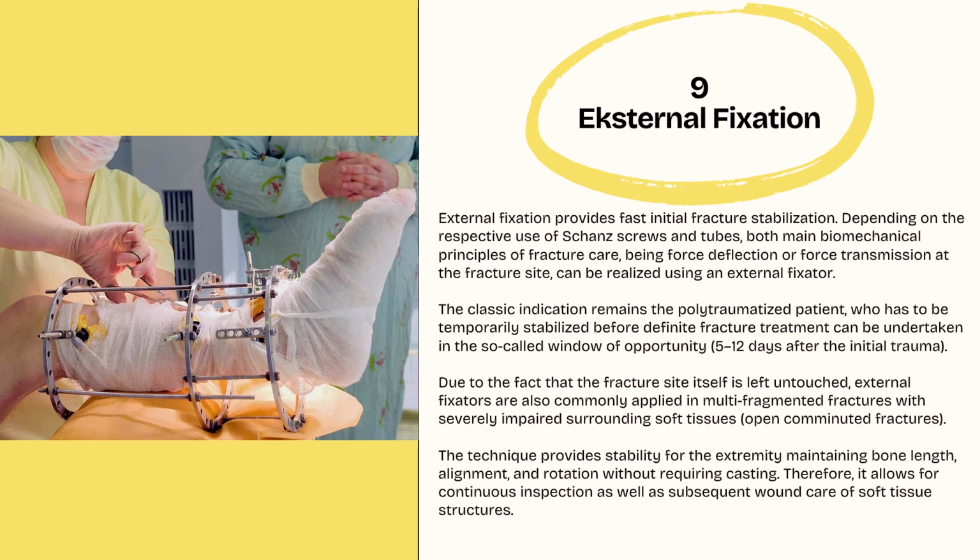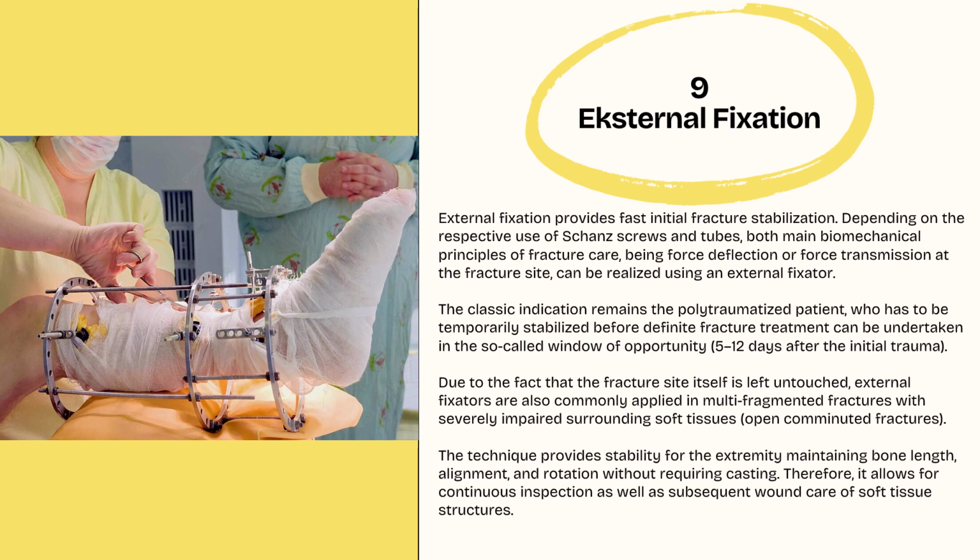External fixation. External fixation provides initial fracture stabilization depending on the respective use. The screws and tubes follow the main biomechanical principles of fracture care, being force deflection or force transmission, and the fracture site can be realized using an external fixation.